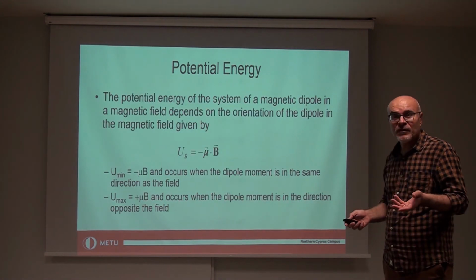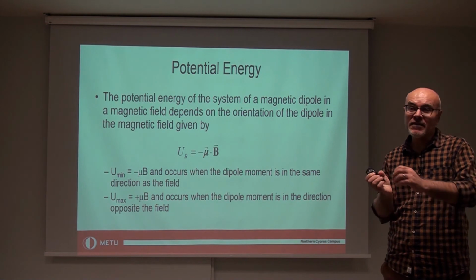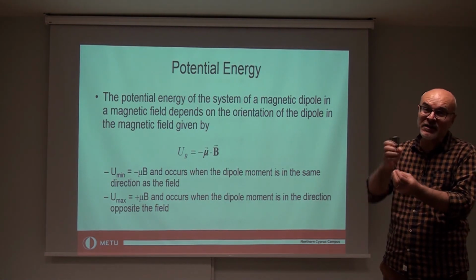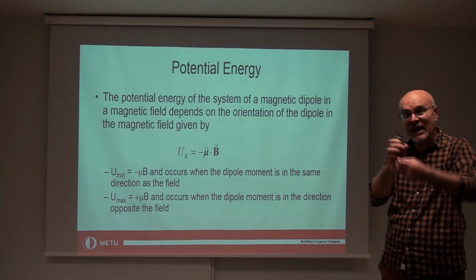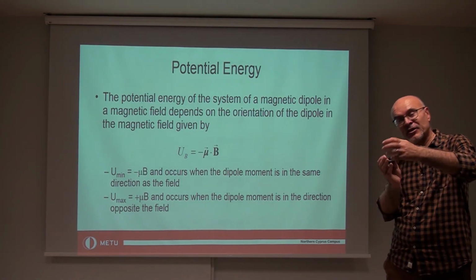Now we can go even further. When we introduced the electric dipole, we said that there is an electric potential energy accompanying it. As it rotates, we have transfer of potential energy into kinetic energy and vice versa.